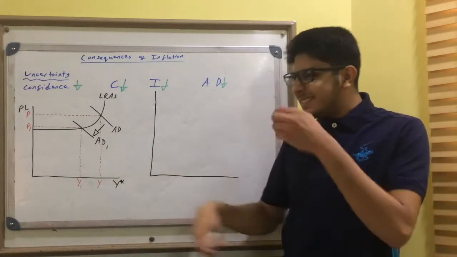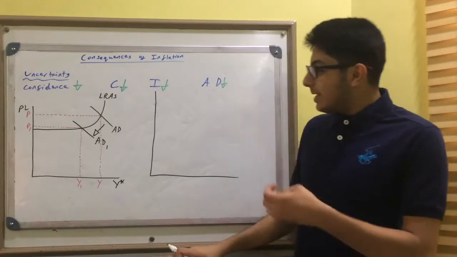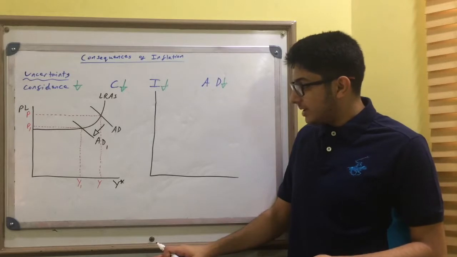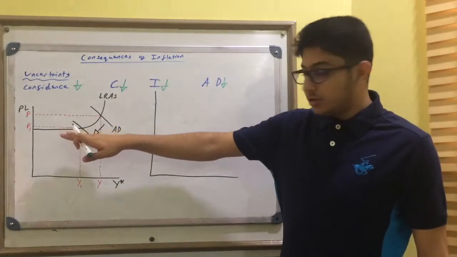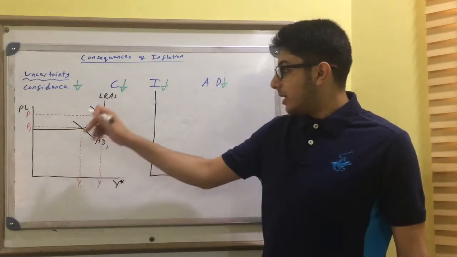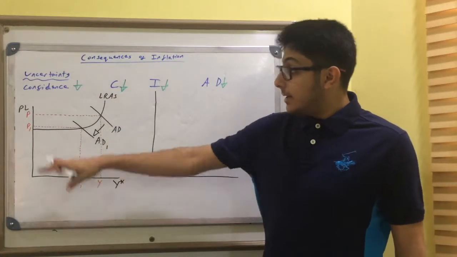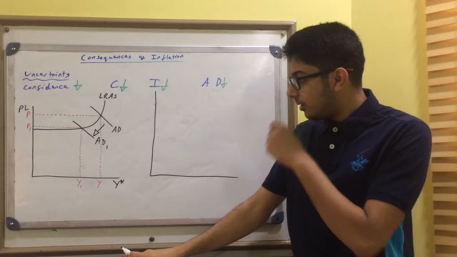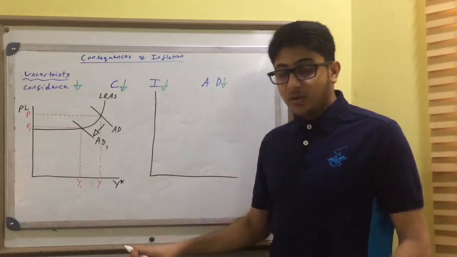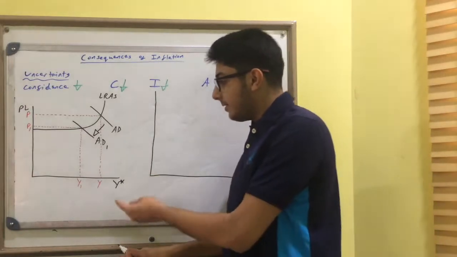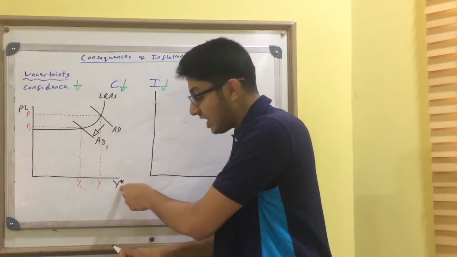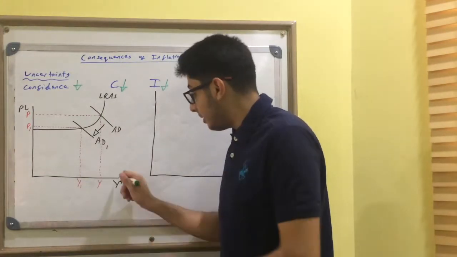Now, whether it causes deflation or not depends on whether it's demand pull inflation or cost push inflation. Here it's cost push because, as you can see, the long-run aggregate supply is very high up in the diagram. And it also depends on the spare capacity or the negative output gap, the difference between the actual output and the potential output, Y star.